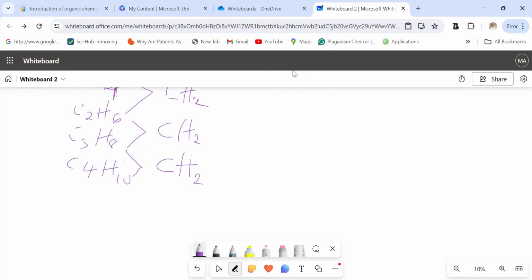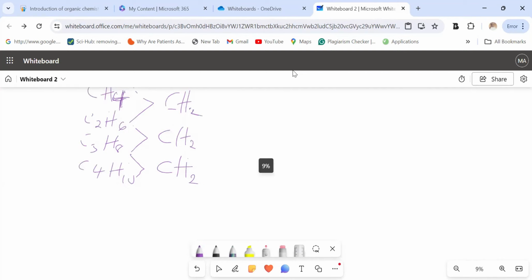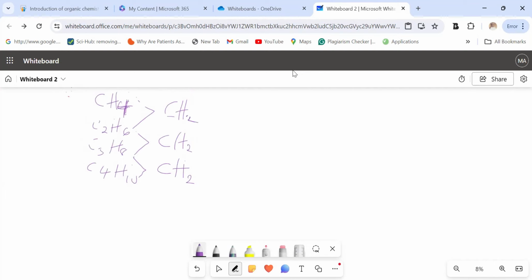So in a homologous series, each member differs from its next member by CH2. In another way, you can simply say each member differs from the next member by 14 gram per mole. And how do you calculate this? It is simple.